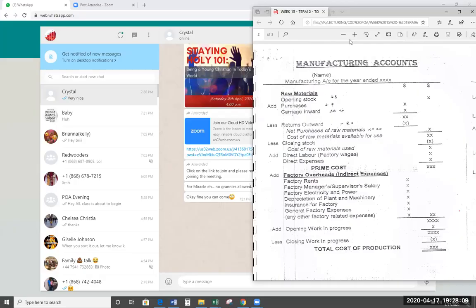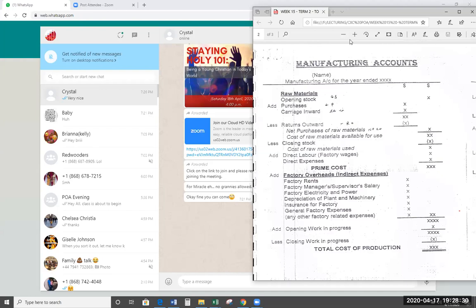So manufacturing accounts, as we know, after those questions that we attempted, once we follow the format, it will be easy for us to complete. And when a firm makes goods, rather than buying them, they're actually making a product to sell.